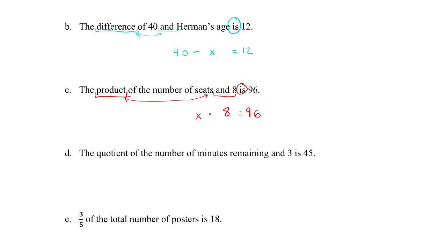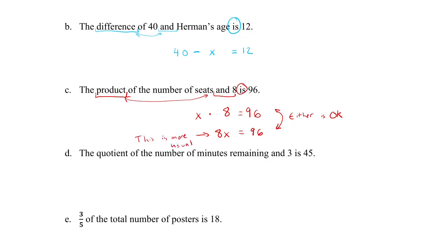We could leave it like that. But normally when we're multiplying a number and a variable, we like to write the number first. So we would more normally write this as 8x is 96. For our purposes right now, either is okay, but 8x is more usual than x times 8.